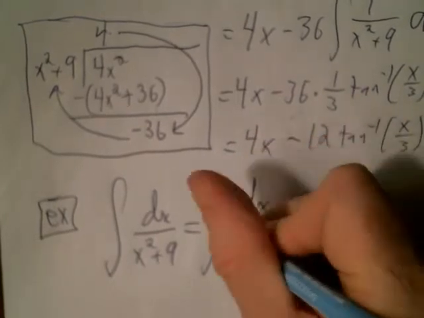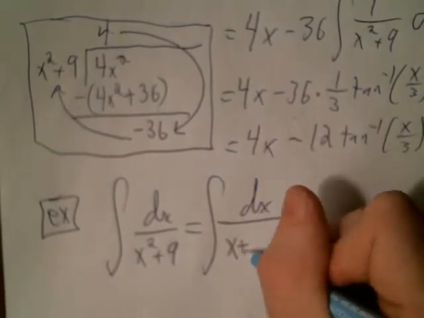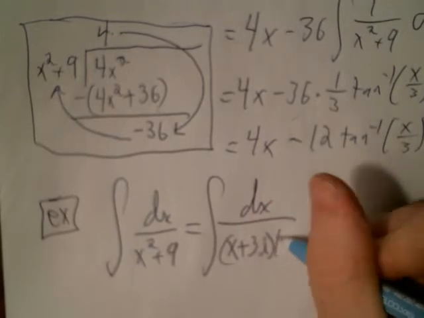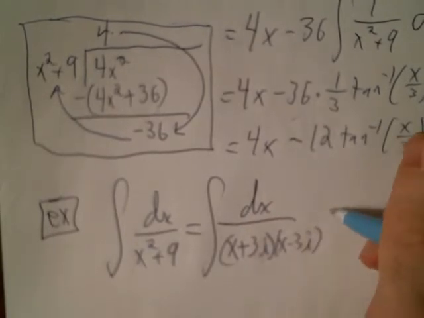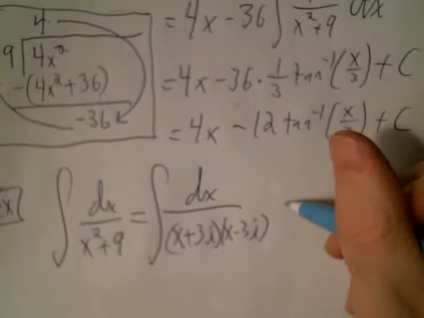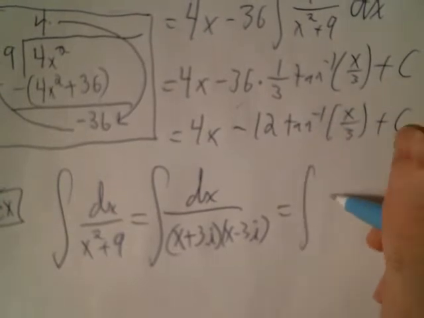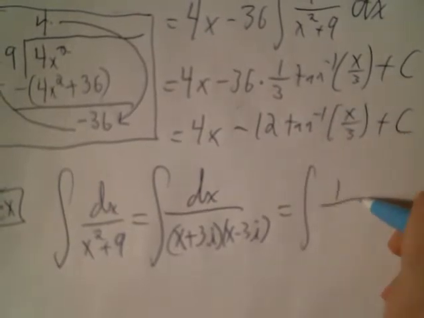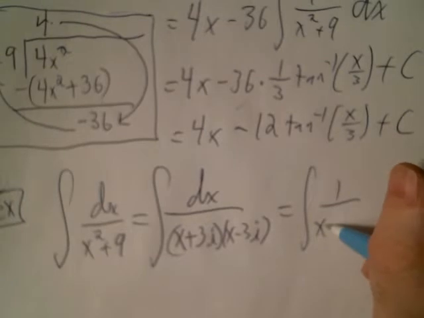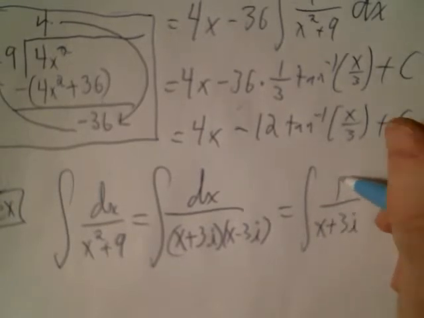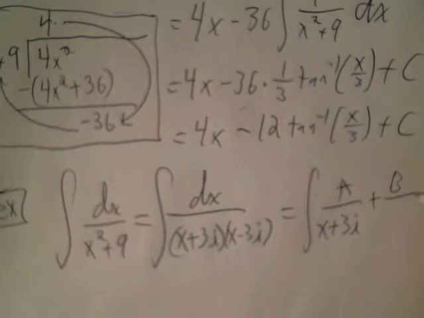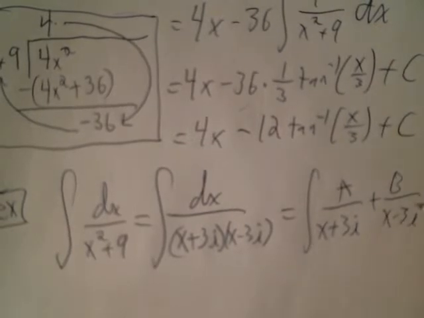You have to go into the imaginary numbers and you get x plus 3i times x minus 3i. Then you have to do a partial fraction decomposition and change it into two different integrals, one with x plus 3i in the denominator plus another fraction with x minus 3i in the denominator.